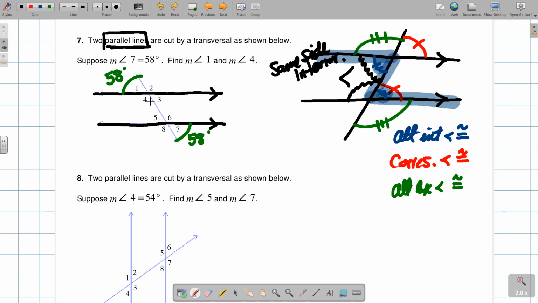To get angle 4, do you see that you have a straight line? You have a rainbow? That rainbow is going to add up to 180. So to get angle 4, we're simply going to do 180 minus 58. You do your own math there. We get 122. Angle 1 and 4 are a linear pair.